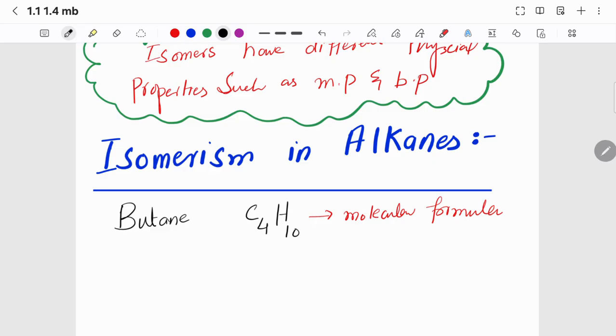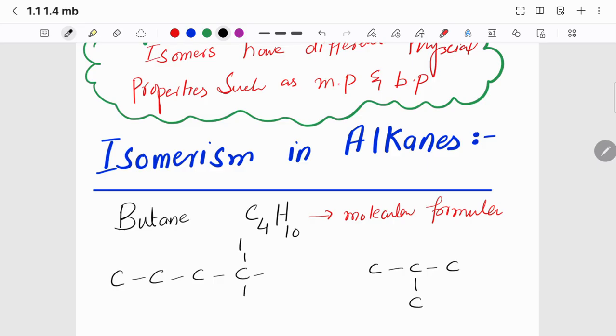Let's see how many possibilities we have. One possibility is that I arrange all four carbons in a straight chain, and in the other case I arrange 3 in a straight chain and 1 in a branch like this.